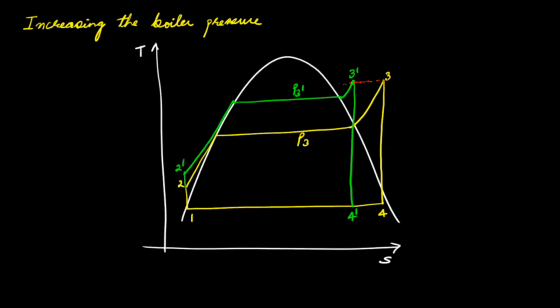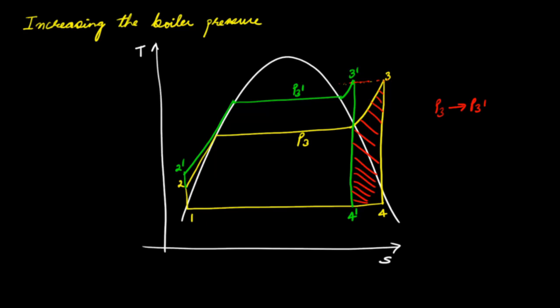So what we see is that if we change the pressure from P3 to P3 prime, then there is a reduction in the work that is delivered, and that reduction is shown in this red color.